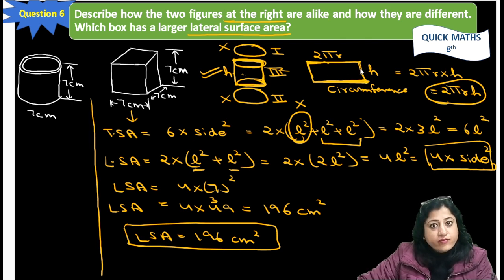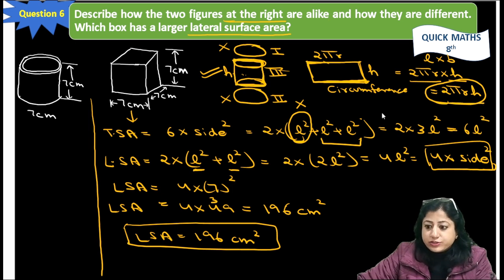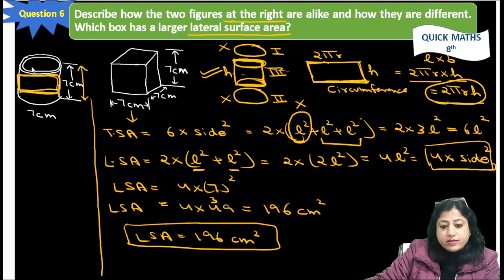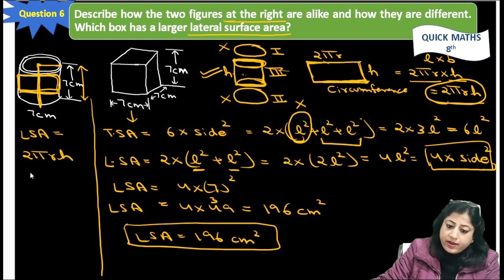So L into B means 2 pi r into h, 2 pi r h. Only this area is the lateral area that contains the height. So the lateral surface area is 2 pi r h.